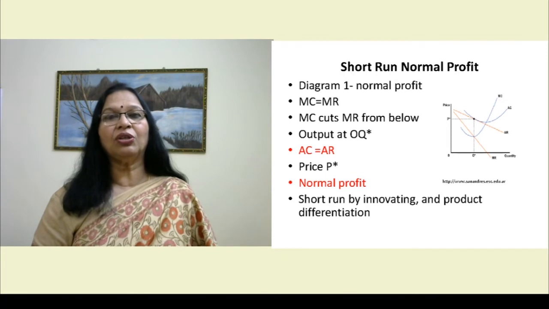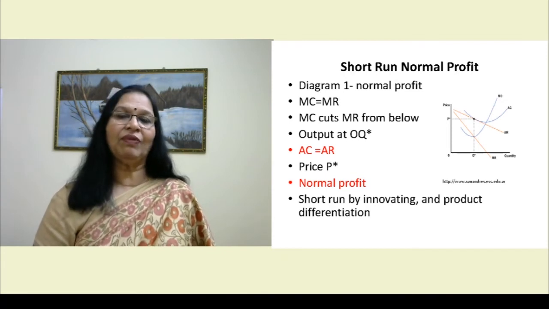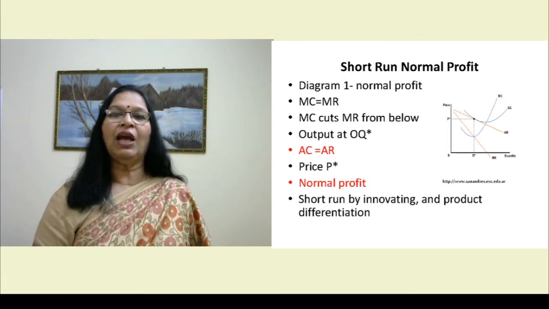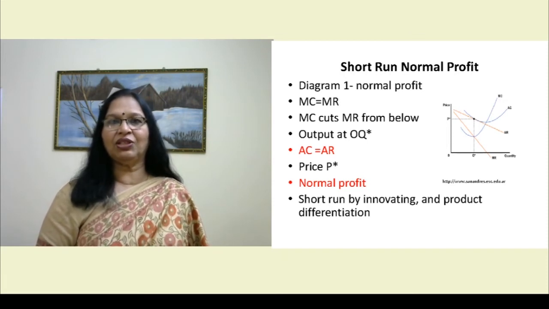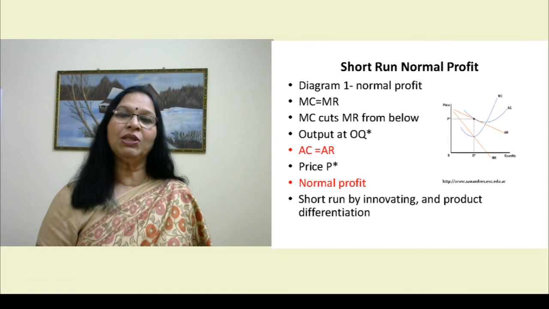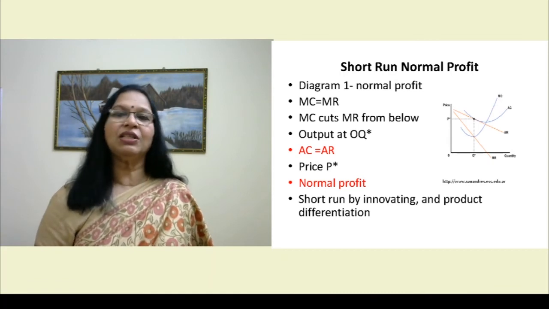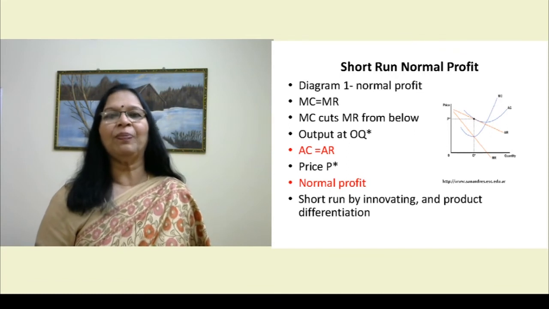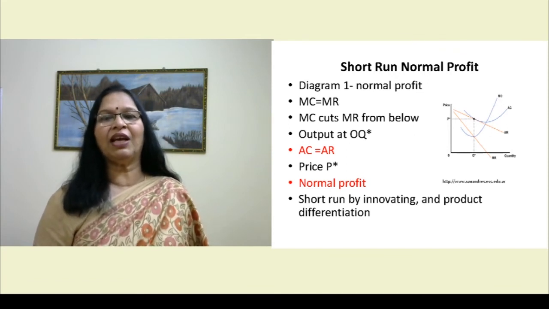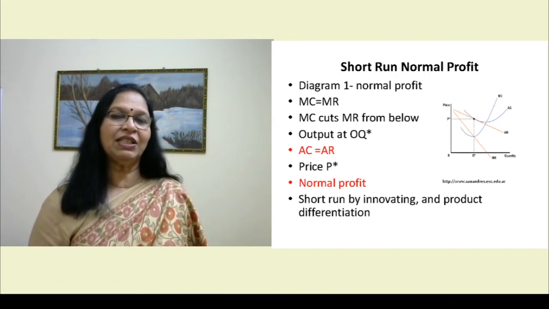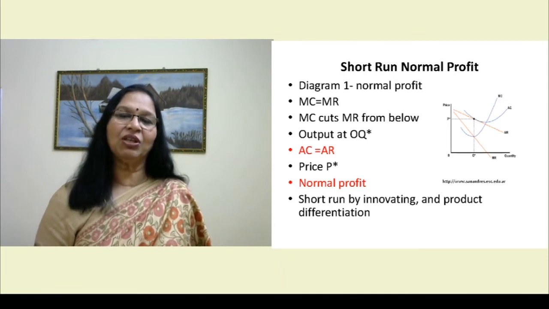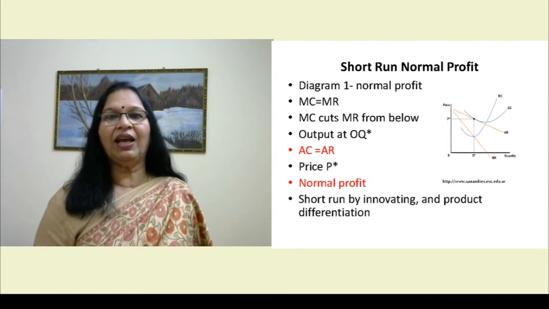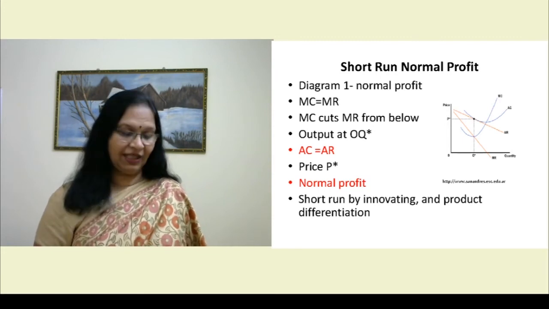And in the short run, to stay on in the market, to survive in the market, these kinds of firms are continuously innovating and creating product differentiation. That is why we, as consumers, see this market continuously with new products. Some packaging is different, some writing on the cover is different, some shape of it is different, and we may not be very sensitive to that, but these firms are constantly changing it so that they can stay on in the market and capture as many consumers as they can.